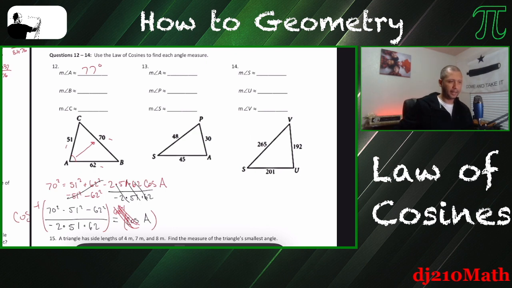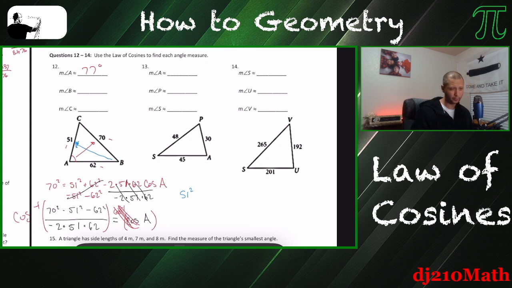So now that we know what A is, it doesn't matter which other angle we solve for. Let's just solve for C. Actually, let's solve for B, to keep the letters mixed up. So B is going to be across from 51. This means 51 squared, right?